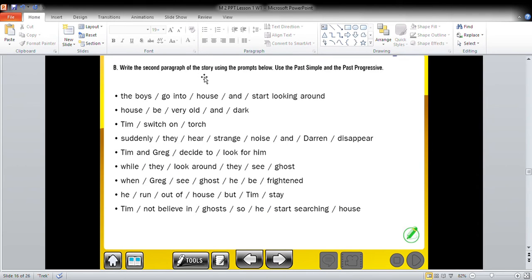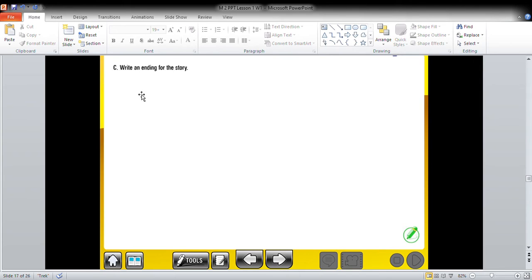Next, for the second paragraph of the story, using the prompts here, use the past simple and the past progressive form of these words. So you can organize, complete the sentences, then you can make the second paragraph of your story. Then, letter C, write an ending for the story.